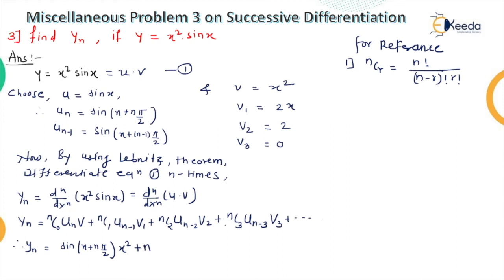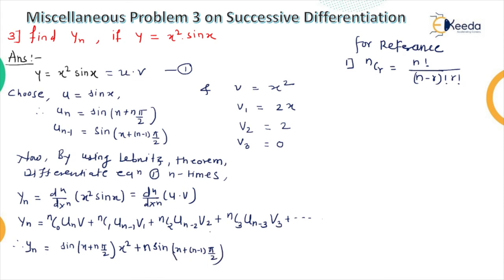So u2 into v2. u2 means second order derivative. Here u_(n-1) into v1. u_(n-1) is nothing but the (n-1)th derivative of sin x, which is sin of x plus (n minus 1) into pi divided by 2, guys.